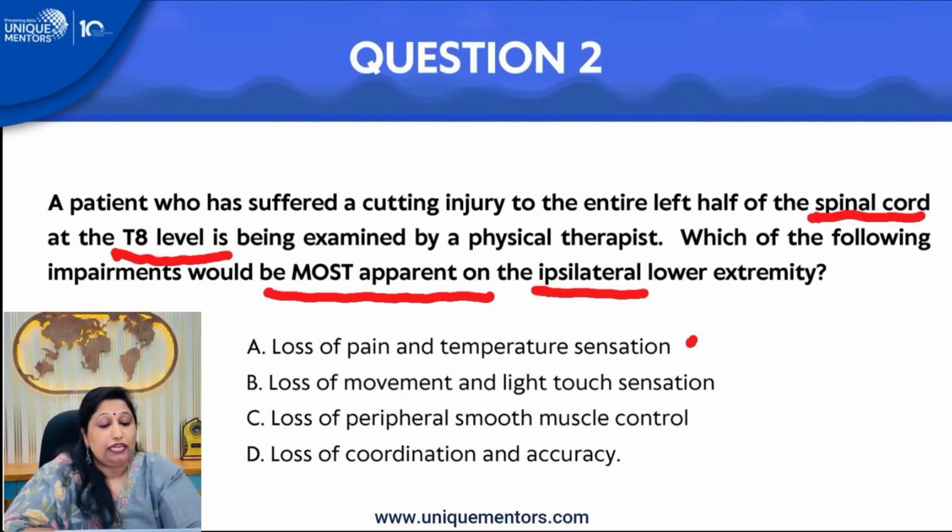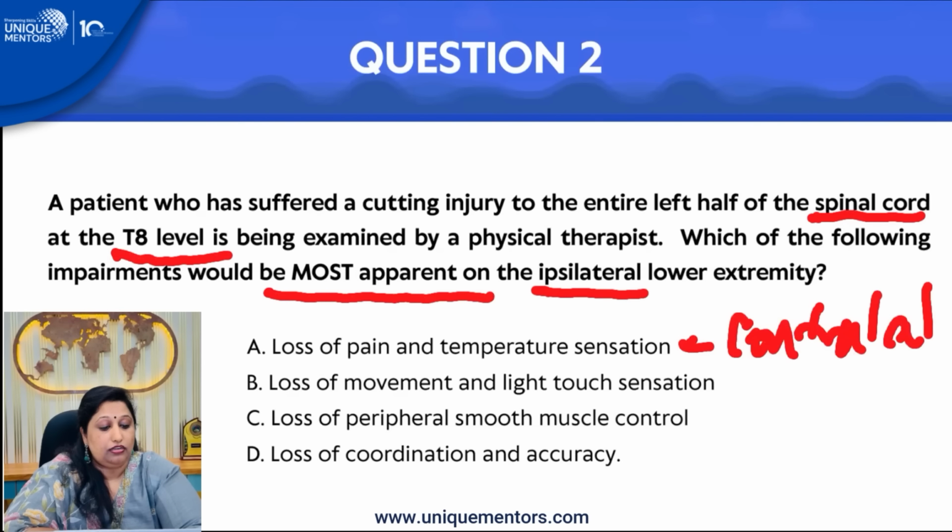So the loss of pain and temperature sensation on the contralateral side only will be lost. It will not be on the ipsilateral side. The reason being the tract crosses immediately at the spinal level itself.